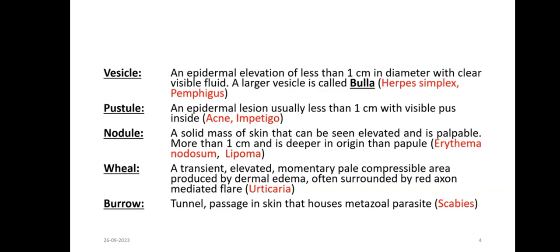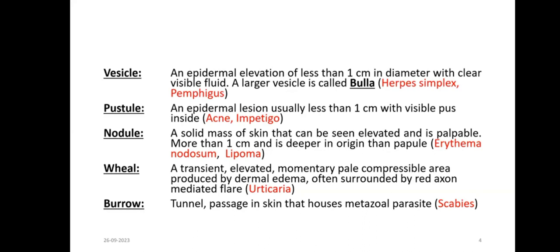In the textbook, all lesions which are fluid filled, flat, which later turn into a pustule, or which may have blood or serous fluid in them, can be considered a vesicle if smaller than 1 centimeter in diameter, and if bigger than that, it has to be considered a bulla.